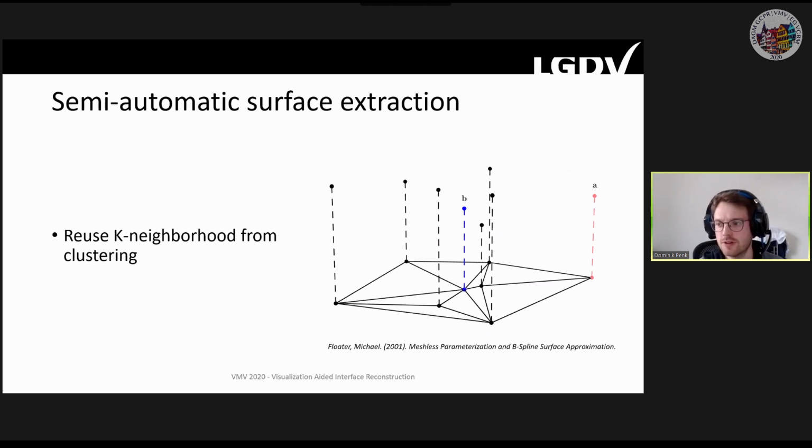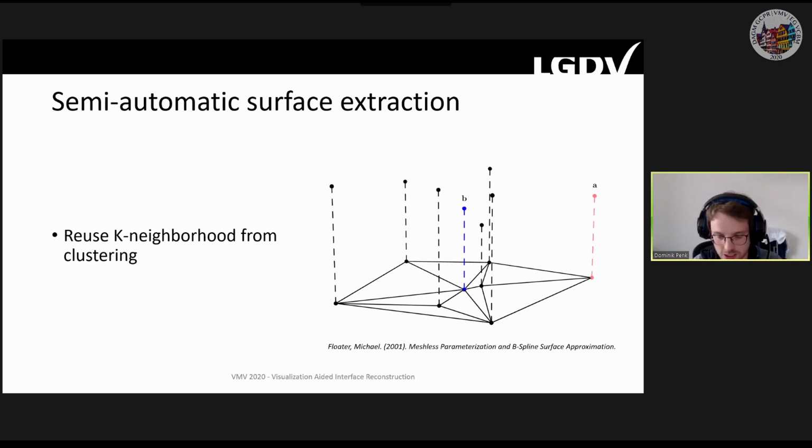The first thing here is, if we have a cluster, we have to find UV coordinates for each of the atoms, because then we can just do a least squares fit of the actual surface, which is then quite easy. To find a parameterization, we first have to find out which of our atoms are at the boundary of our cluster and which are in the interior, because the boundary has to be mapped onto the boundary of our parameter space.